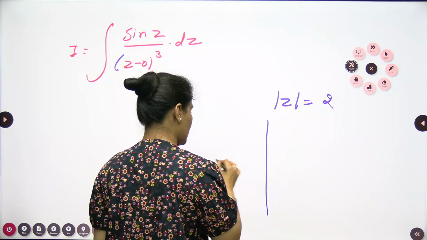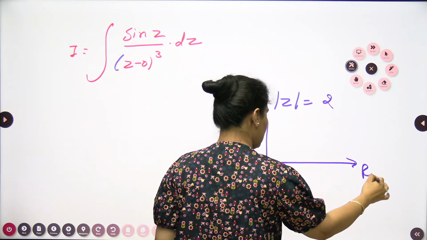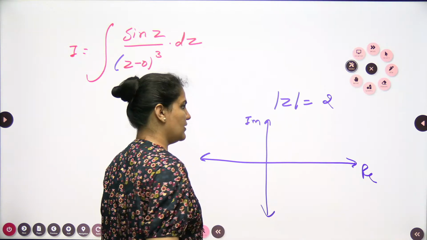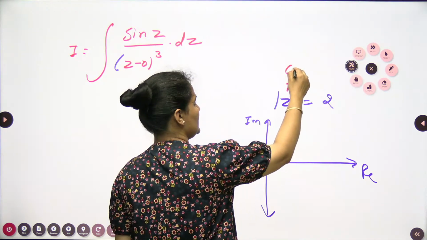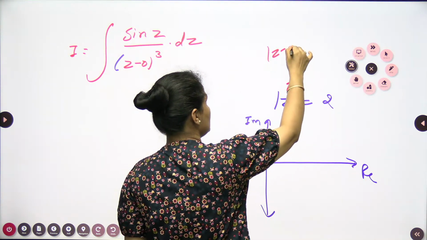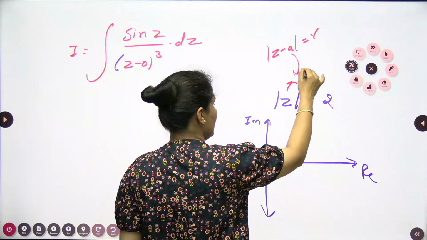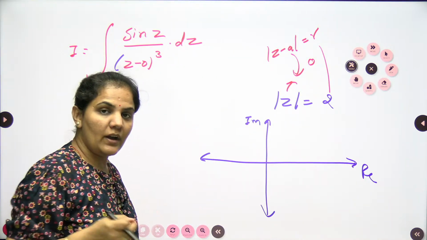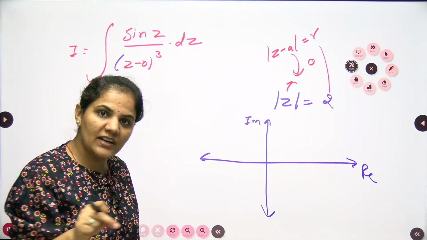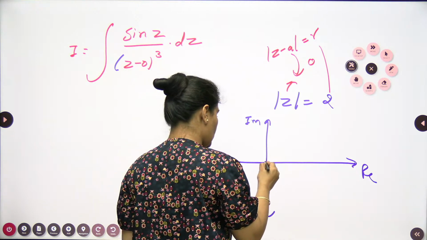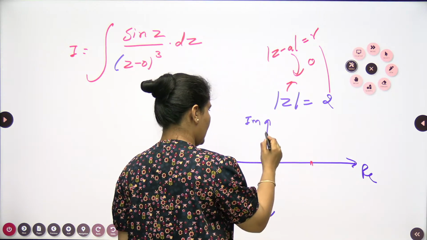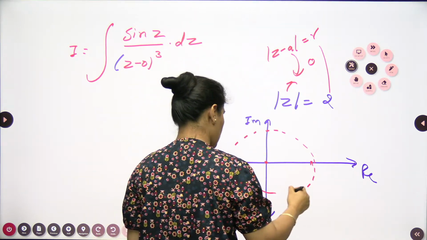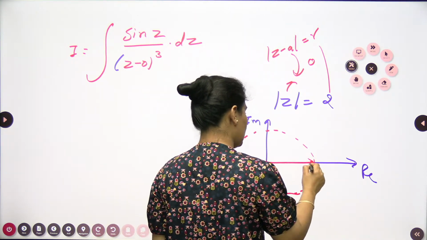If you want to draw the circle, this is your real axis and this is your imaginary axis. I can compare with the standard form of the circle equation, mod z minus a equals r. Here a is the center, which is 0, and r is the radius, which is 2. So I need to draw a circle whose radius is 2 and center is 0. Suppose this is the circle of radius 2.